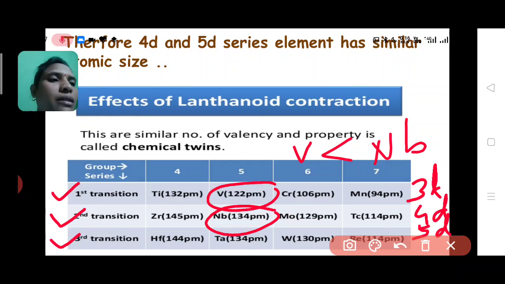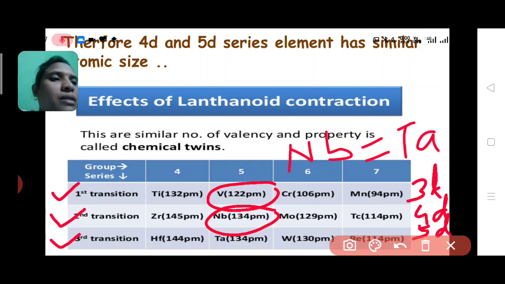Now see the element from the 5D series, that is tantalum, having 134 pm atomic size. So if we see the elements from 4D and 5D, it is clear that niobium is similar to tantalum, but it is expected that it should be larger than the 4D element, but this is not so.